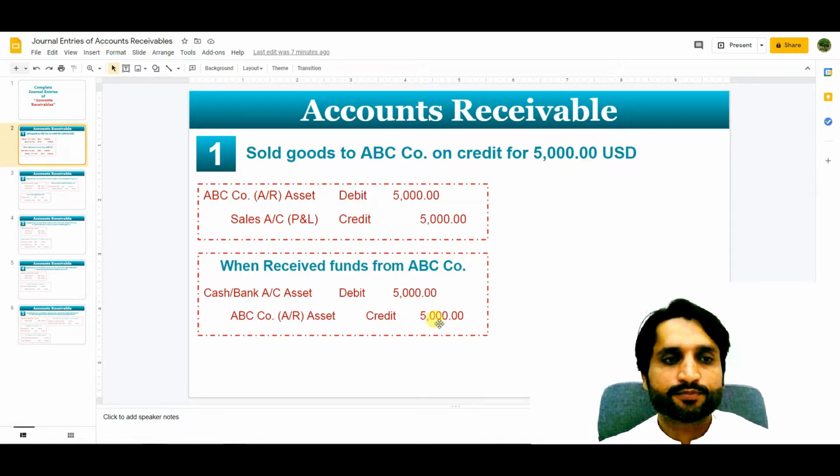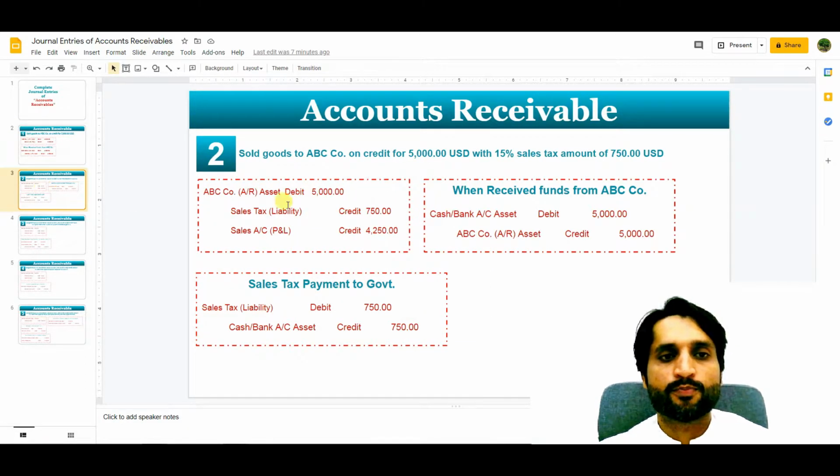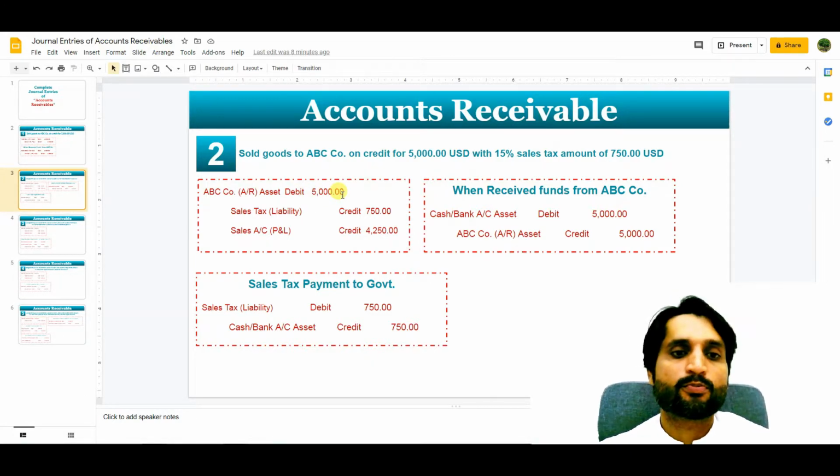Now the second scenario: sold goods to ABC company on credit for 5,000 US dollar with 15% sales tax amount of 750 US dollar. The first entry we need to pass here: ABC company account receivable asset debit by 5,000, the total value.